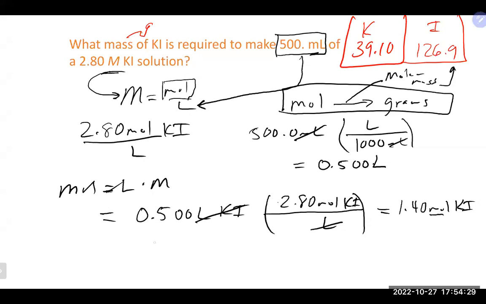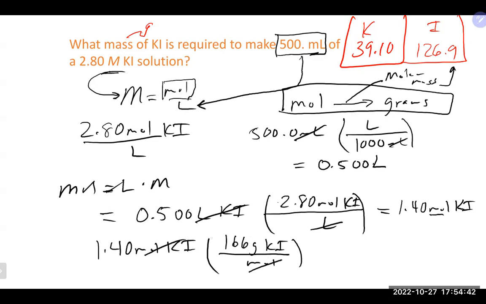That's 166 grams per mole, so 1.4 moles of KI, 166 grams of KI per mole. Moles will cancel, and that will get us about 232 grams of KI is needed here.